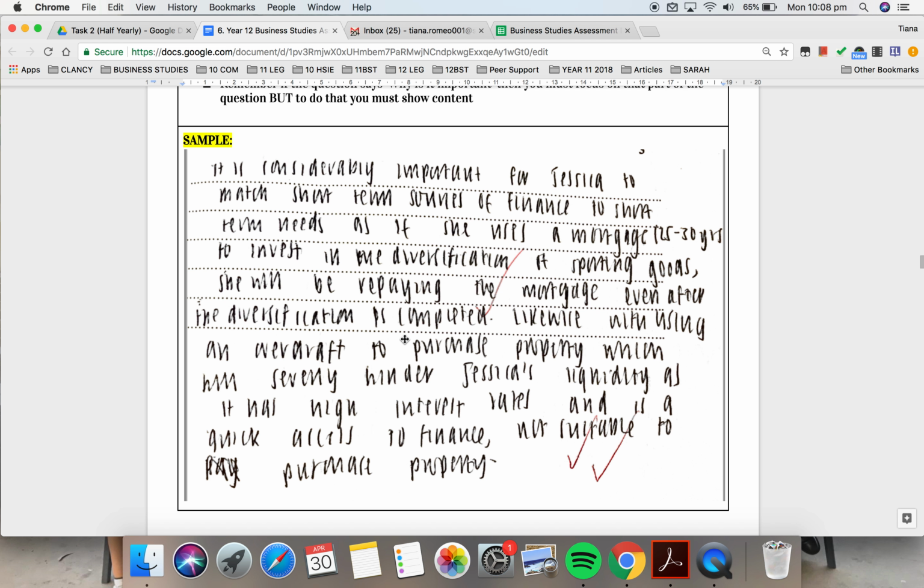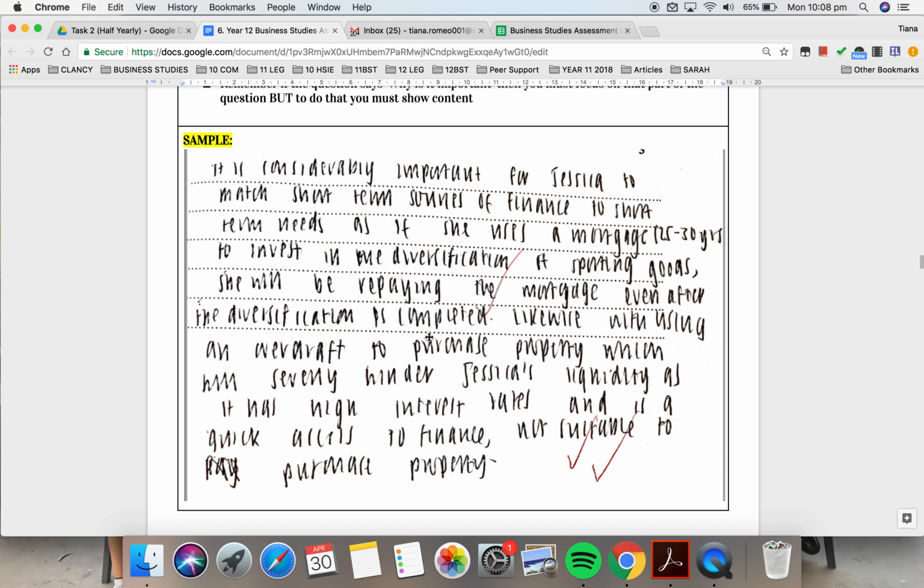Likewise, with using an overdraft to purchase property, which will severely hinder Jessica's liquidity as it has high interest rates and is a quick access to finance, not suitable for purchasing property.